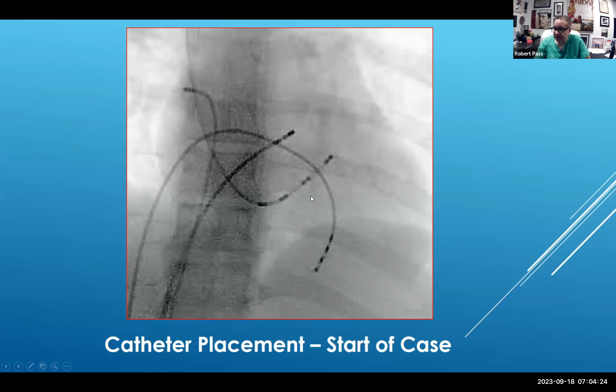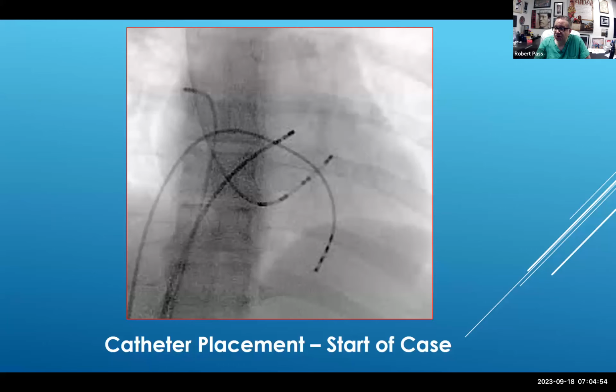We have a catheter, in this case, in the coronary sinus, placed from above in the right IJ. But those of you who've done cases with Barry and others probably know that it can also be placed from the groin using a deflexible catheter, both very reasonable approaches. In this case, a decapolar catheter, allowing us to see the impulses on the left side of the heart, because remember that the coronary sinus sits behind the mitral annulus.